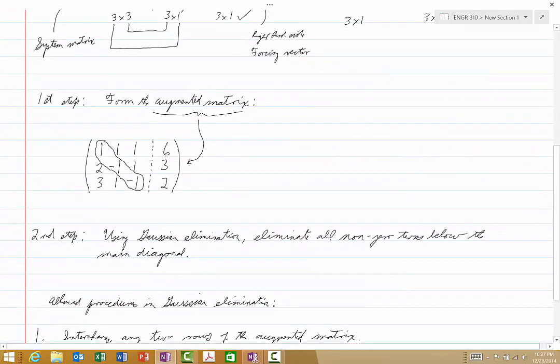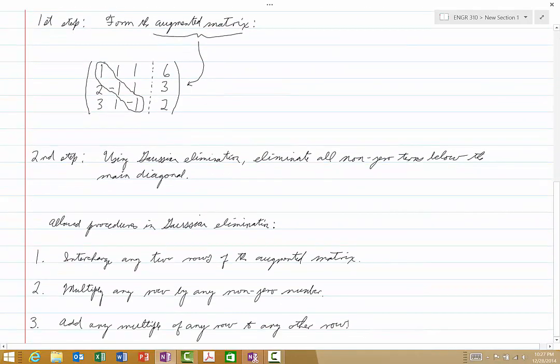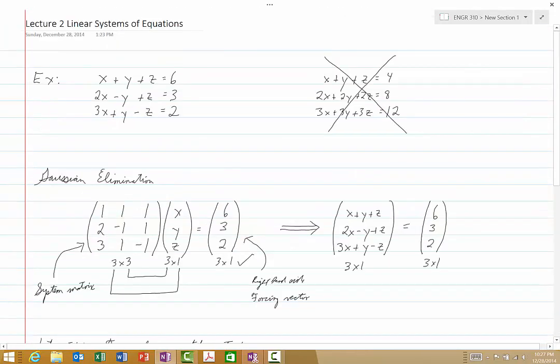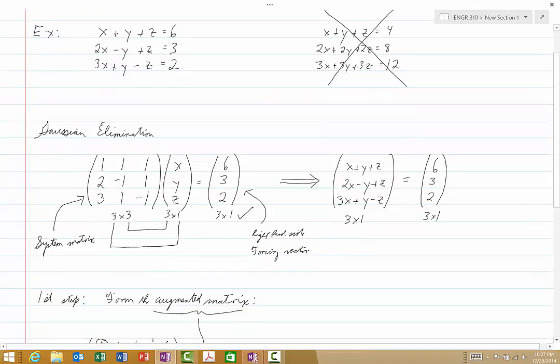So the first procedure here is certainly not surprising, nor is the second one, that we can multiply any row by any non-zero number. For instance, we could multiply this entire first equation by 2 and have 2x plus 2y plus 2z equals 12. That is still basically saying the same thing as this first equation, and so it would not change the system of equations.